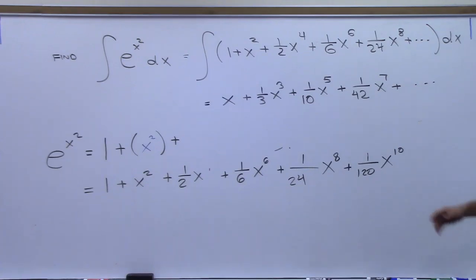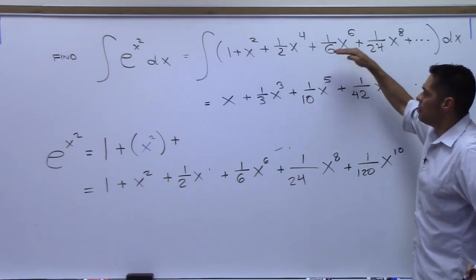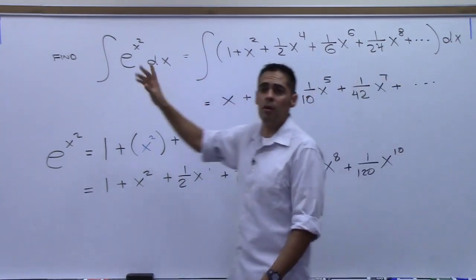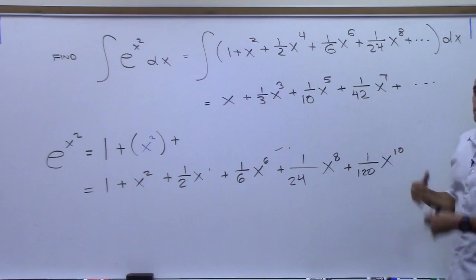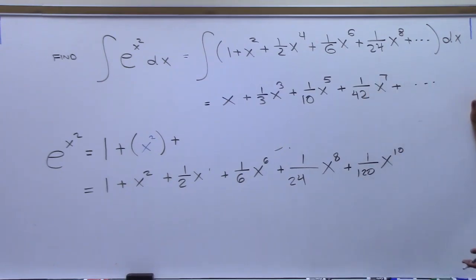And so you might say, well, wait a minute, this is an approximation of e to the x squared, and I would agree with you, because we can't go forever, right? And so the antiderivative would be an approximation also, because I can't go forever.